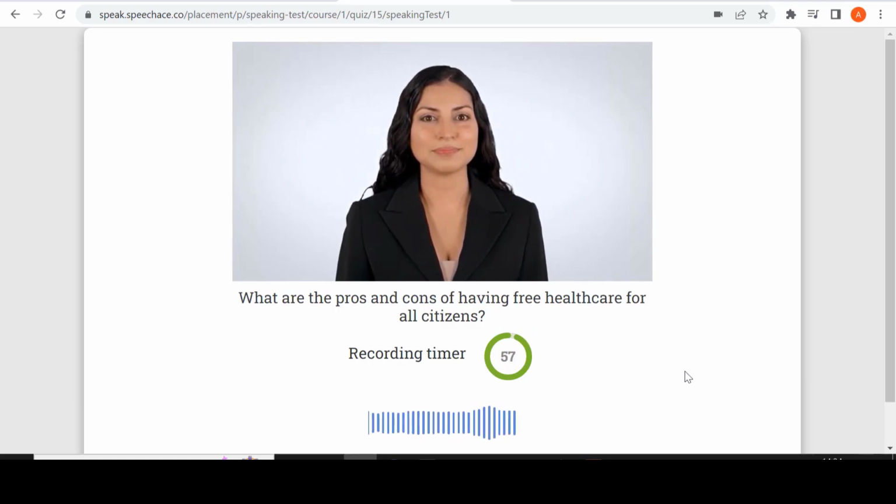In my opinion, there are advantages as well as disadvantages of providing free health care for all citizens. I believe that children and old age citizens should be given these benefits, since they can no longer provide for the country's expenses.